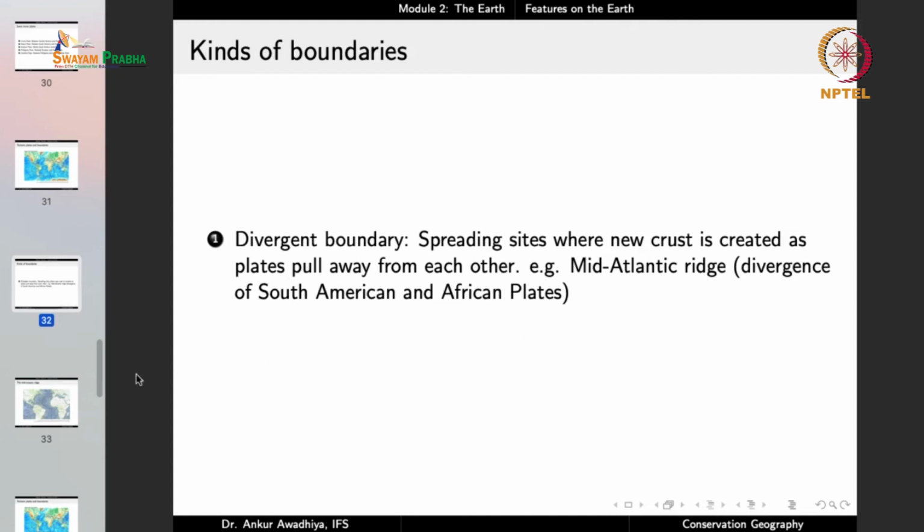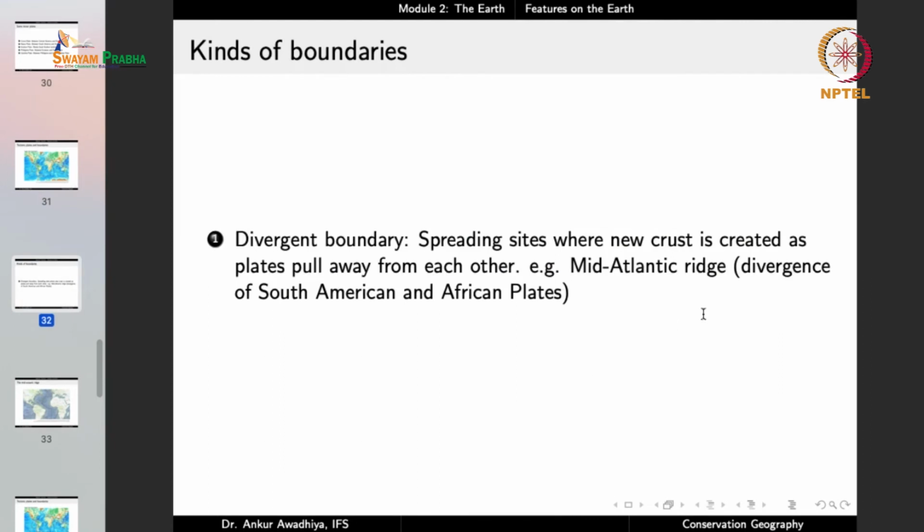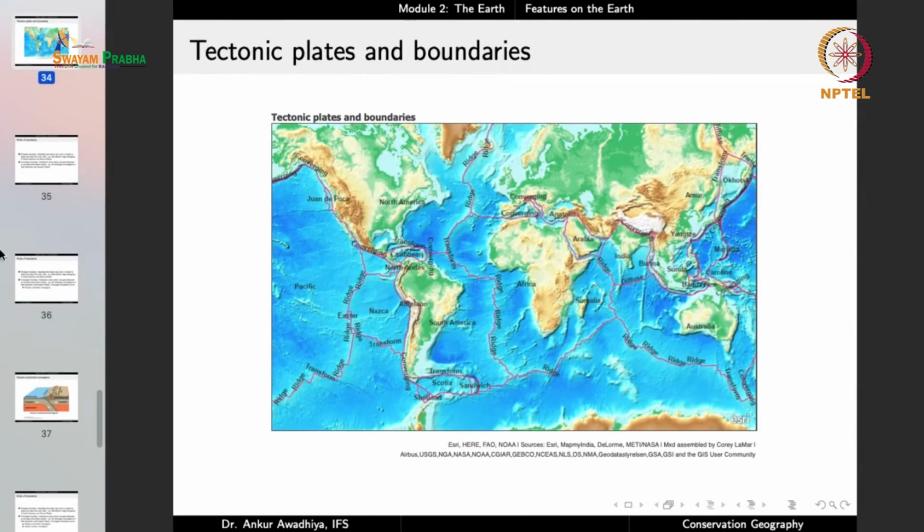So for instance, in the Mid-Atlantic Ridge, here we are having divergence because this African plate is moving to this side and the South American plate is moving to this side. They are moving away from each other, and such a boundary is known as a divergent boundary. We find a number of divergent boundaries along different ridges.